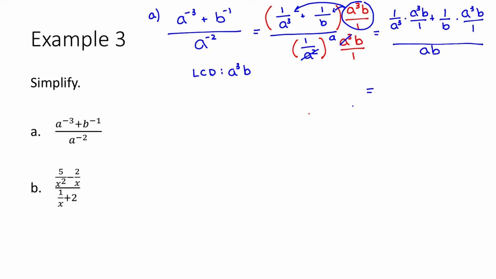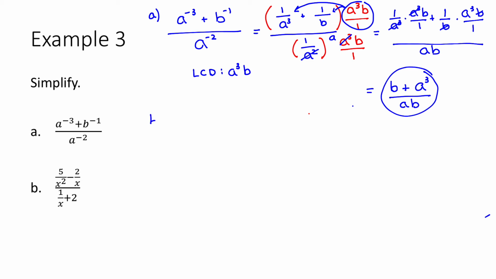So in the numerator, a to the third cancels with a to the third, and I have b plus b's cancel, a to the third, and that's over a times b, and cha-ching, there you go. So it looked pretty complicated. Turns out pretty easy.